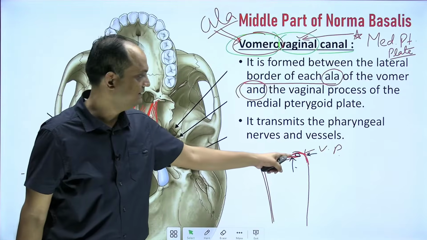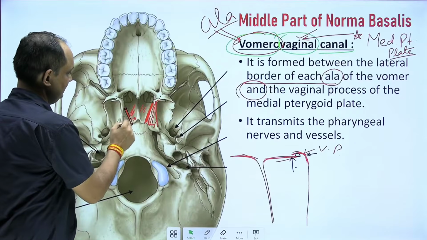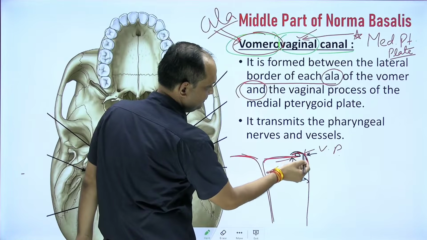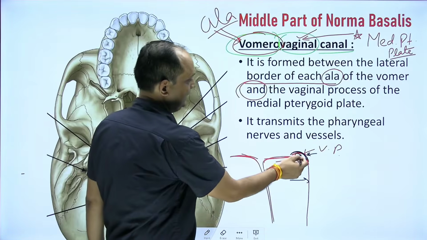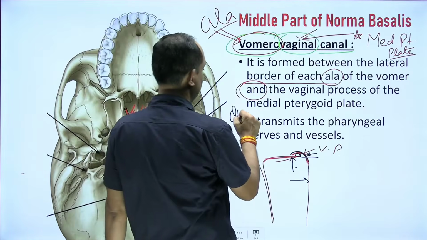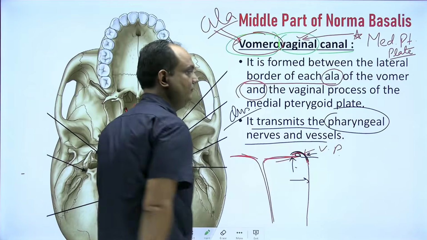It is formed in such a way where the medial pterygoid plates, which are present here, give a small process towards the ala, and in between them a canal is formed. This canal is important because you have this question: it transmits the pharyngeal nerve and vessels.